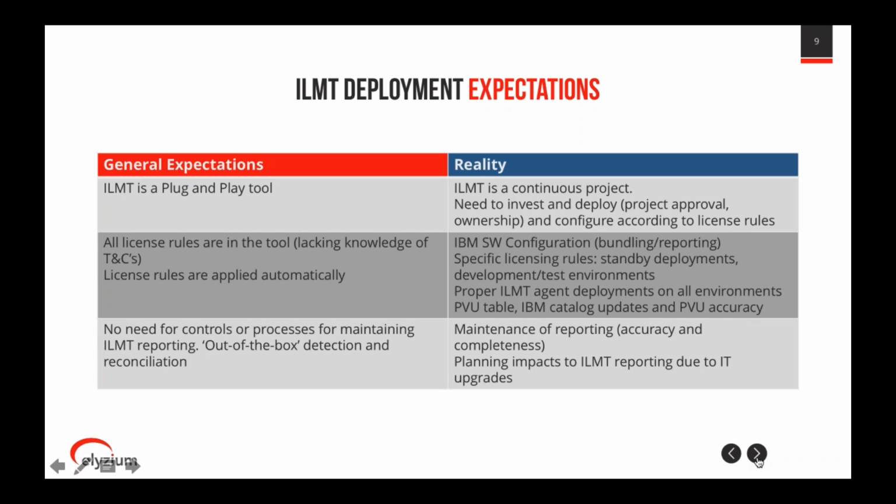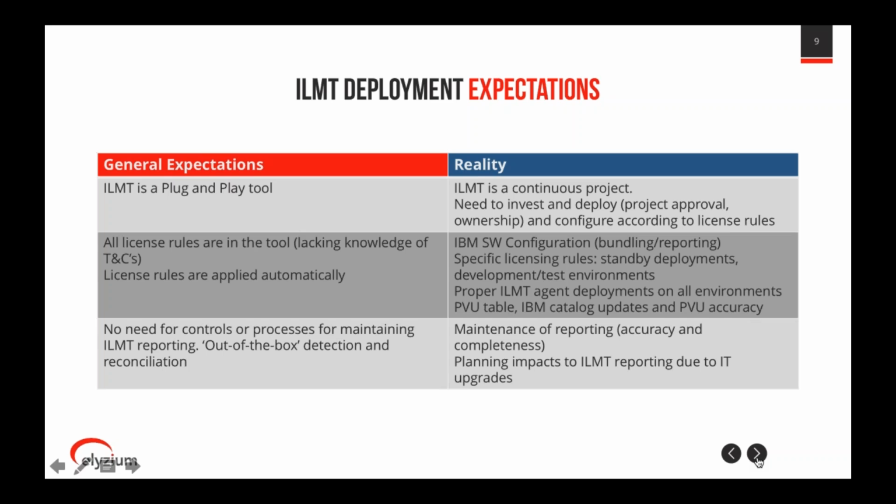The second thing that we see is that the expectation is that all the licensing rules are already in the product. That really is not the case at all, and I'll give you an example. DB2 can be licensed standalone, and it also comes free with multiple products that are sold by IBM.